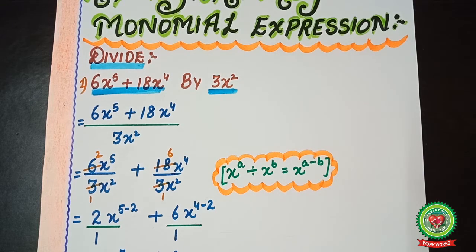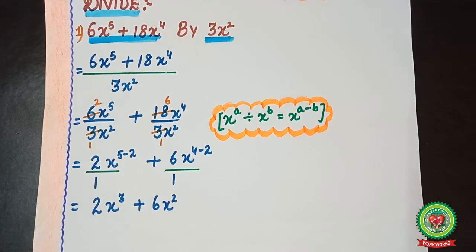So now how can you solve it? Now here 2x raised to power 3. If I'm not writing 2 upon 1, it doesn't matter, because if we don't write 1 in the denominator, it's okay. So you can write 2x raised to power 5 minus 2, that is 3, plus 6x raised to power 2. So this is exactly what we were finding for this given statement, right?